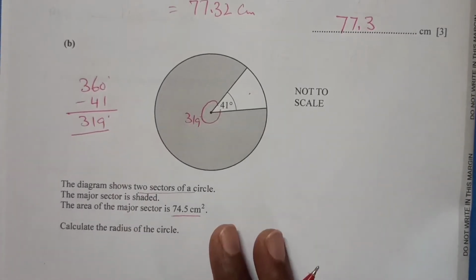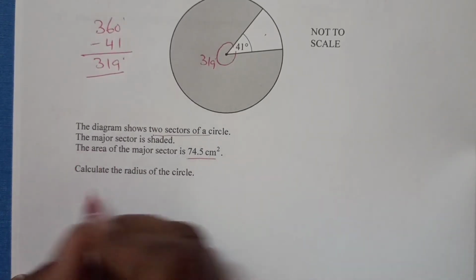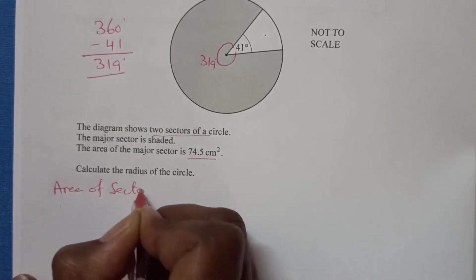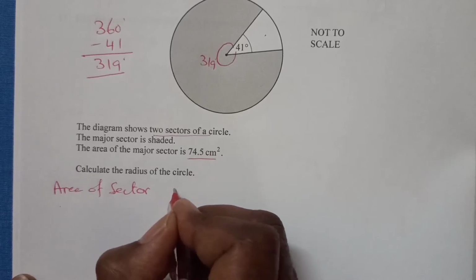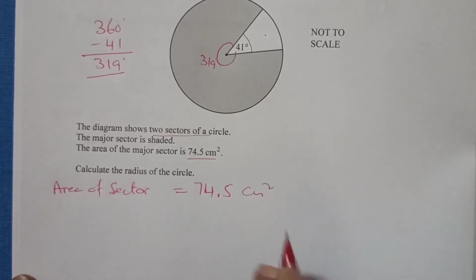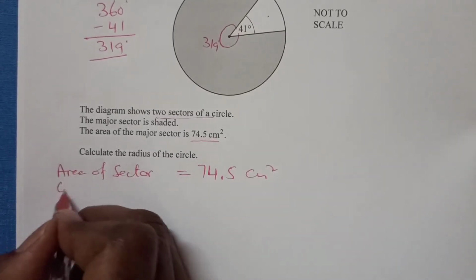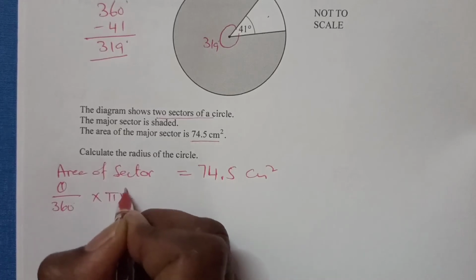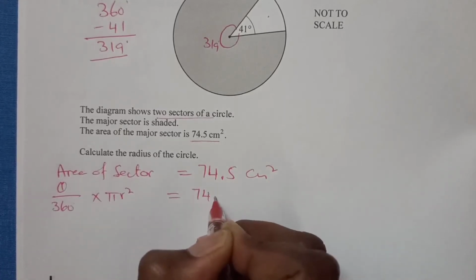So now the formula of the area of the sector. Area of the sector is 74.5 centimeter square. This is given to us, and the formula is theta over 360 times pi r squared. 74.5.